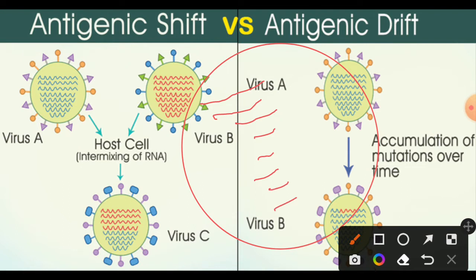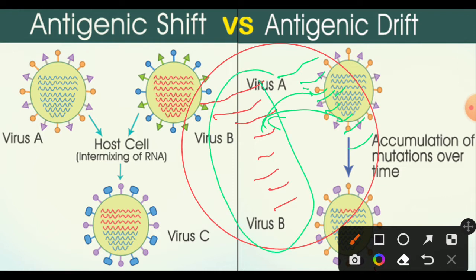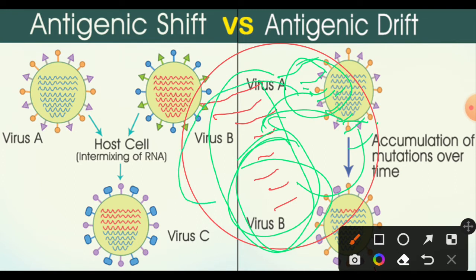These 8 influenza viral genome segments are from, let's say, virus A, and 1, 2, 3, 4, 5, 6, 7, 8, these 8 influenza viral genome segments from virus B are present in the same host cell, and now during the packaging, reassortment occurs. That means mixing occurs, and as a result, let's say among 8 RNA genome segments, 4 red marked RNA genome segments are transferred to the green marked, and 4 green RNA genome segments are transferred to the red marked.